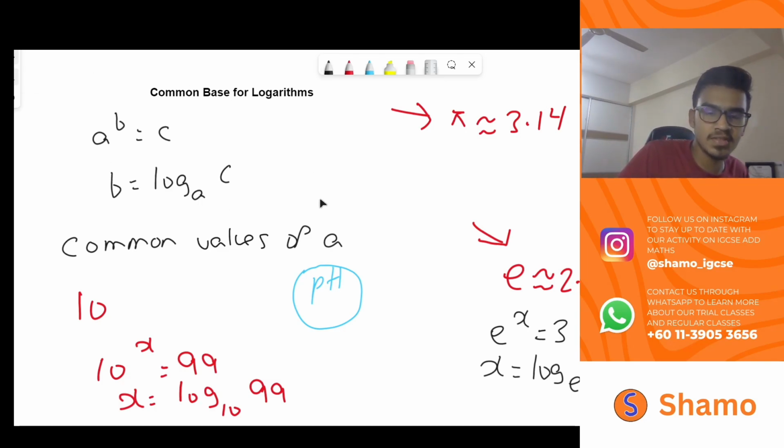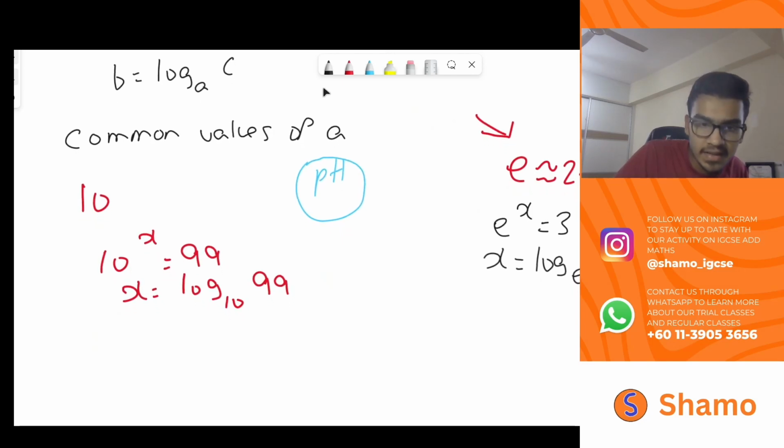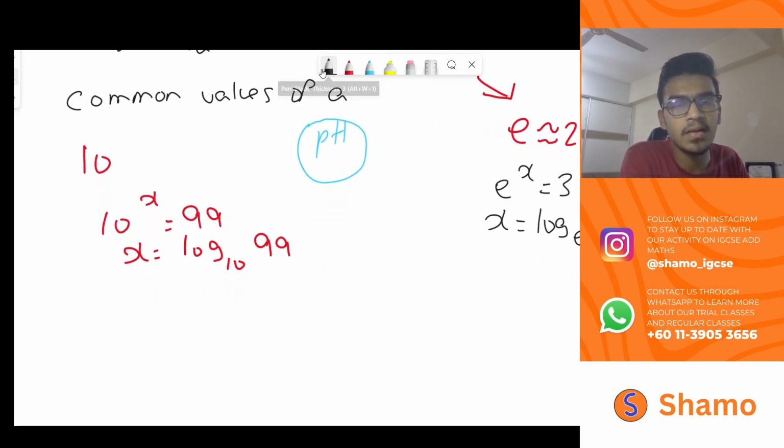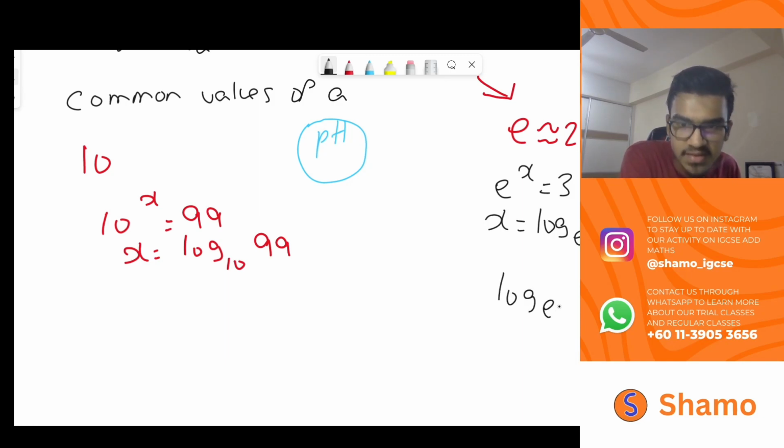Now let's just get used to some notation. 10 and e are very common bases, so there are some special symbols which can be used to represent them. For example, log base e is so common that instead of writing log base e every time, you could just write ln.